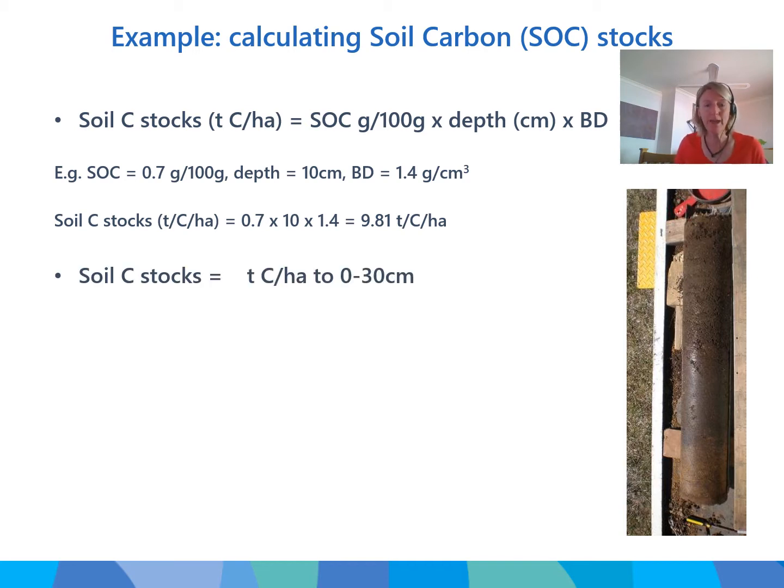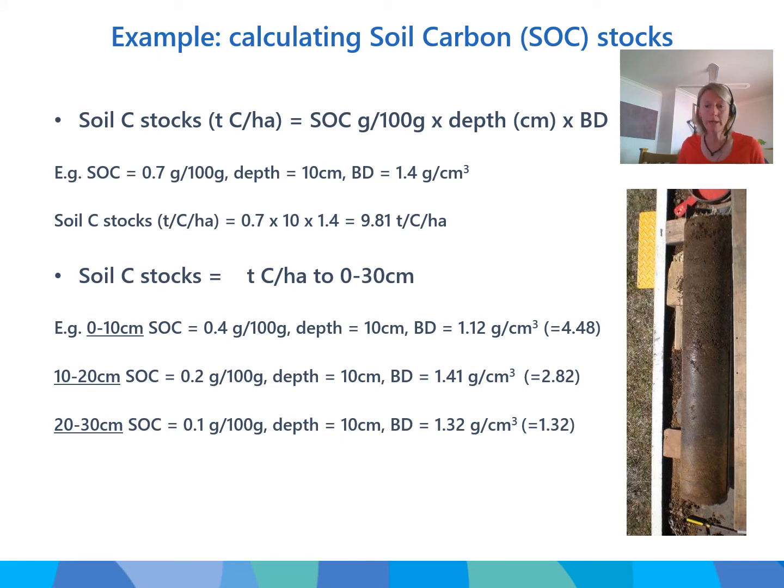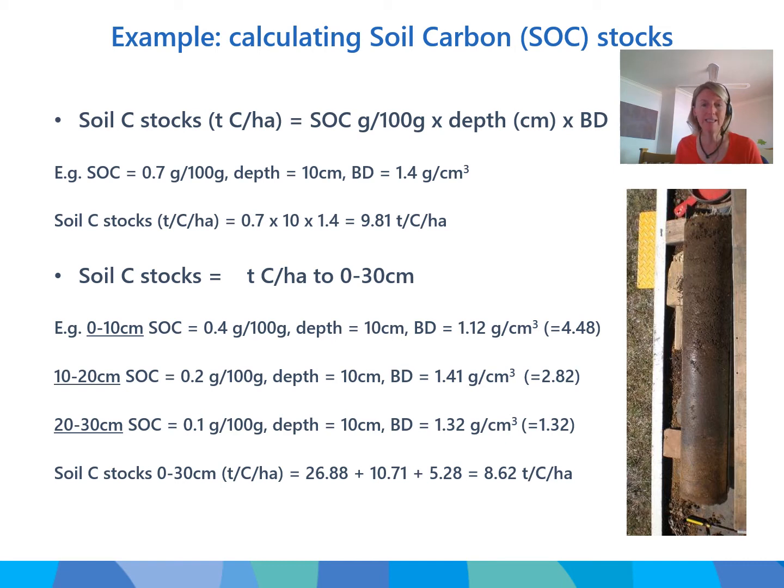If we were looking at that to 30 centimetres, we can still sample in 10 centimetre increments and still go through that same calculation, and what we do at the end is we add together each of those different layers to give us the tonnes of carbon to 30 centimetres.